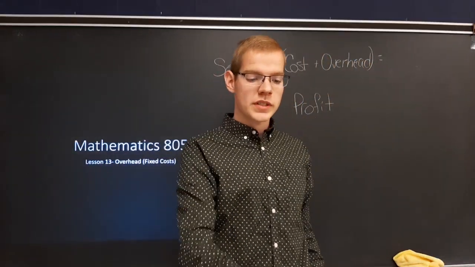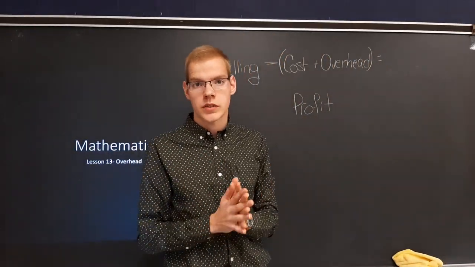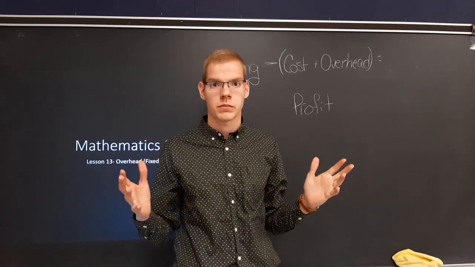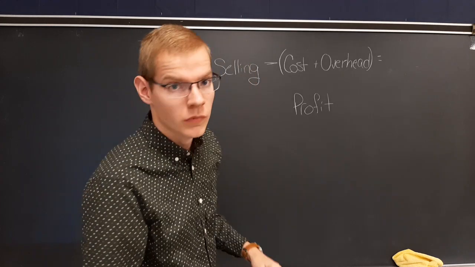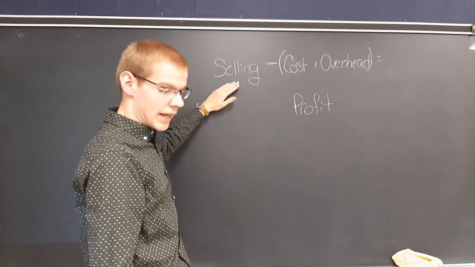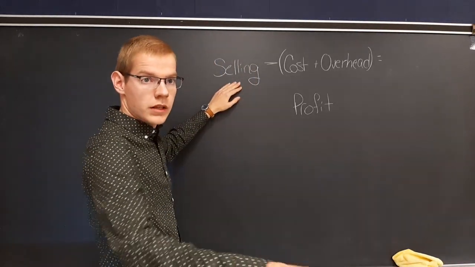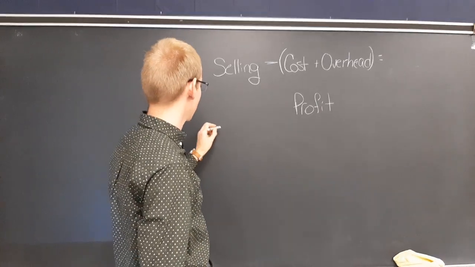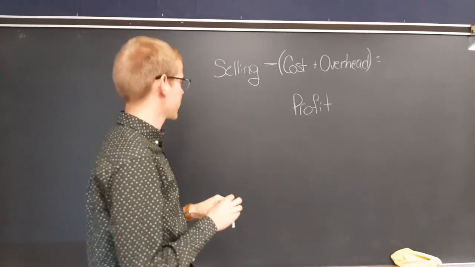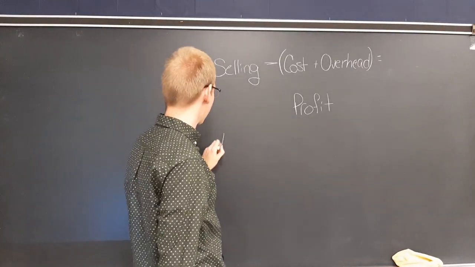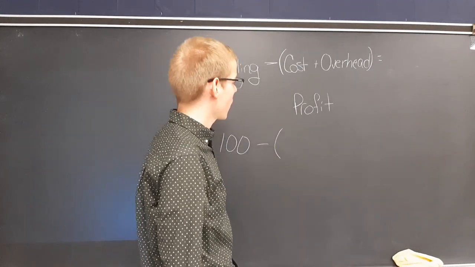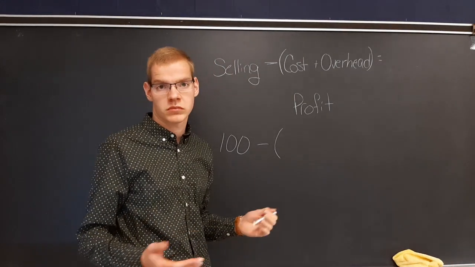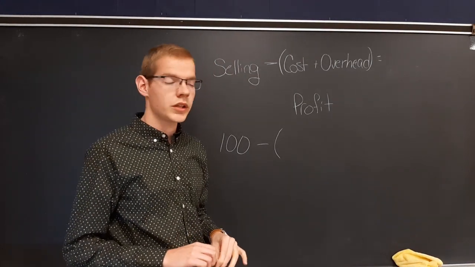So if you sell an object, let's say you're selling tables and chairs, you're a carpenter. You're selling your table for $50. Not 50, that's not reasonable. 100.